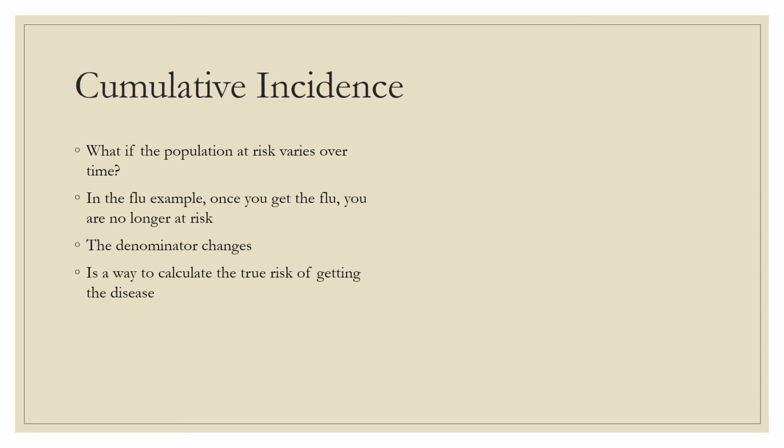Mathematically, what this means is that the denominator changes. The number of people that are able to contract the flu is changing. So cumulative incidence accounts for that, and it's a way to get a better idea of the true risk of getting a disease. Because if you've already had the flu, you're not at risk anymore.